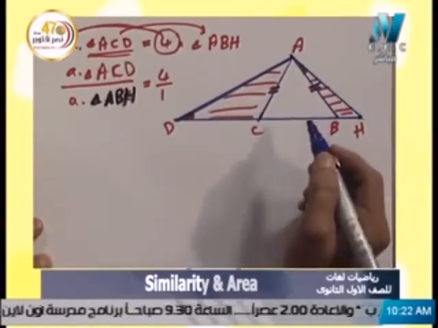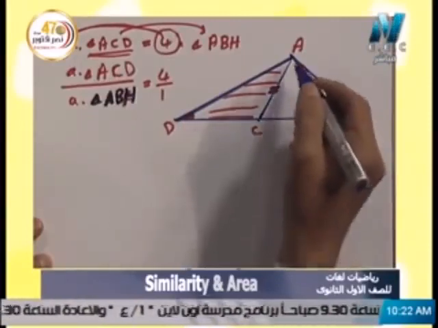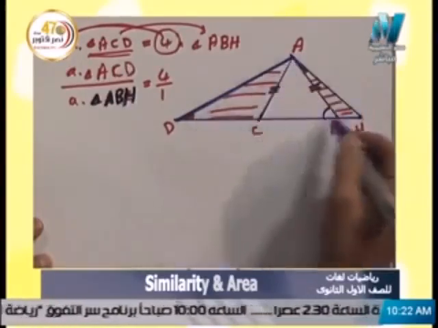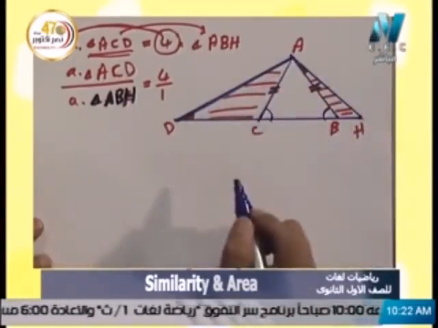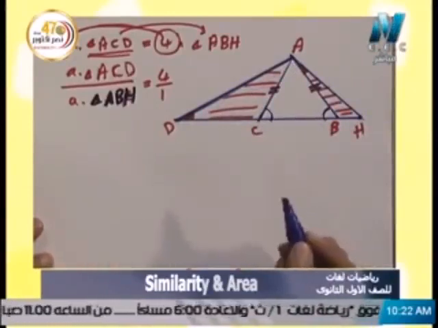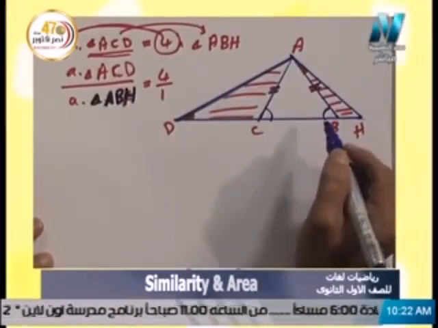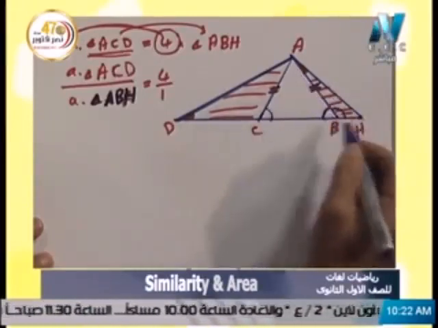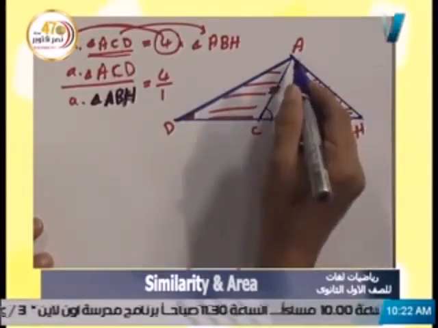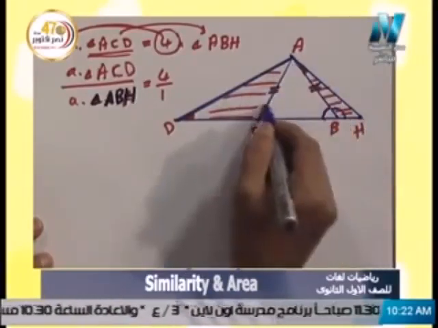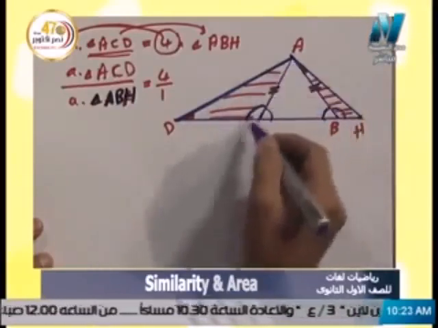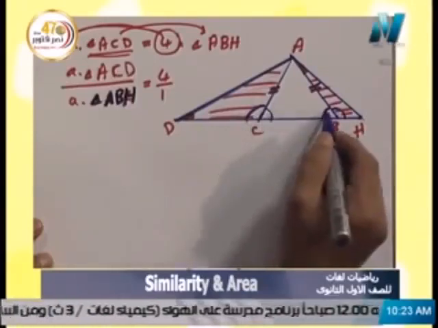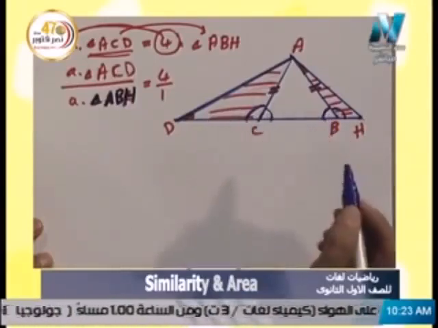We know from our studying that AB equal AC means that measure angle ABC equals measure angle ACB from the properties of isosceles triangle. And also we know that this angle is supplement to this angle, which is ABH, and the angle ACB is supplement also to the angle ACD, and the supplements are equal when the angles themselves are equal.